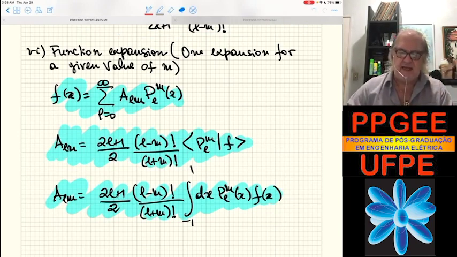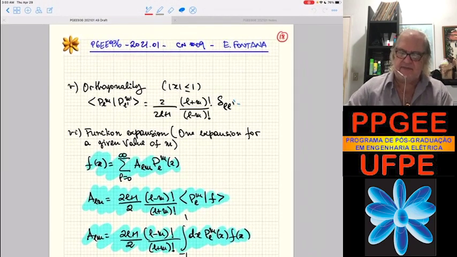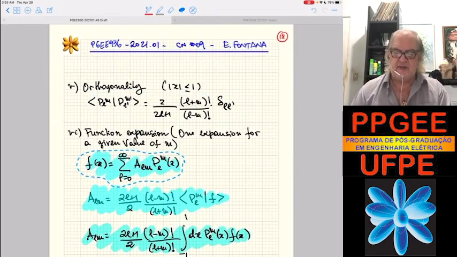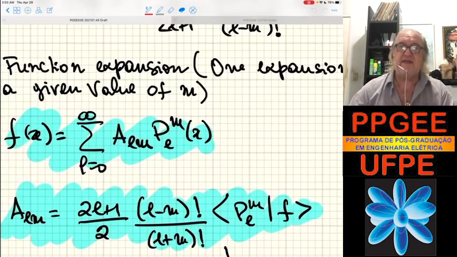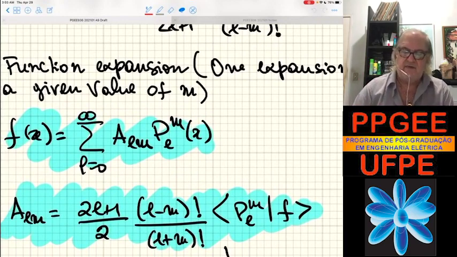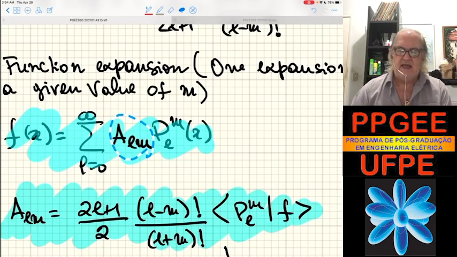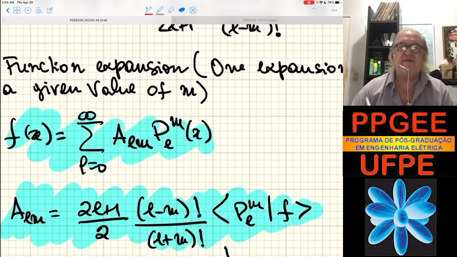So we have those orthogonality properties for associated Legendre polynomials. And you can always expand a function in terms of Legendre polynomials. You see that you have different expansions here, right? For a given m, I have one set of coefficients. If I change m, I have another set of coefficients.